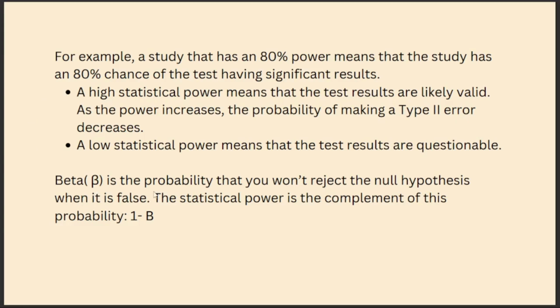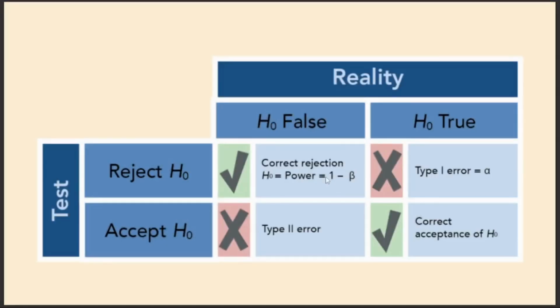So beta is the probability that you won't reject the null hypothesis, or alternatively it can also be called a type 2 error, and the statistical power is the complement of that probability, which is 1 minus beta. As we saw over here, statistical power is nothing but 1 minus beta, where beta is the type 2 error.